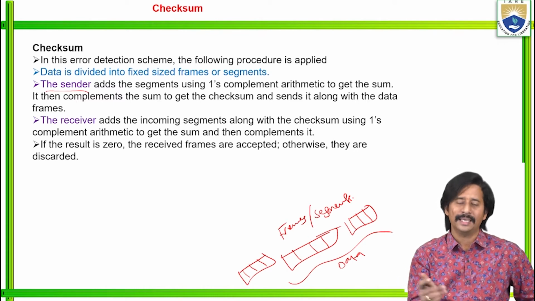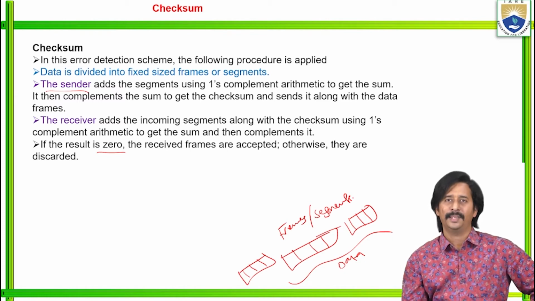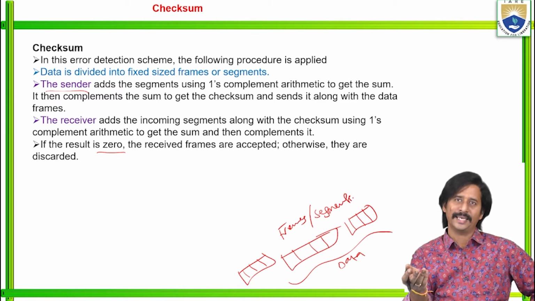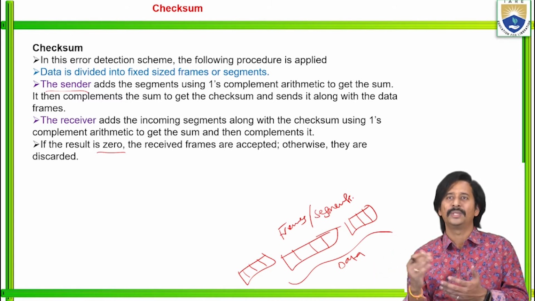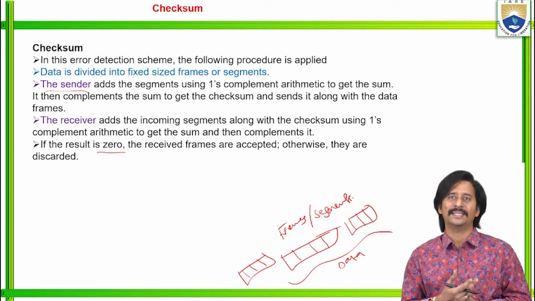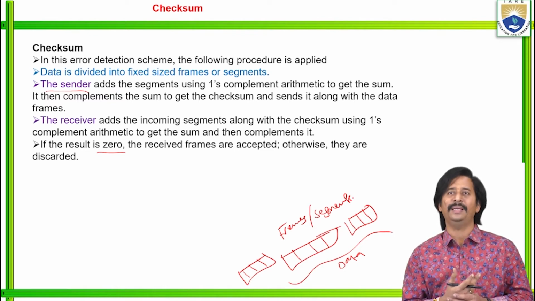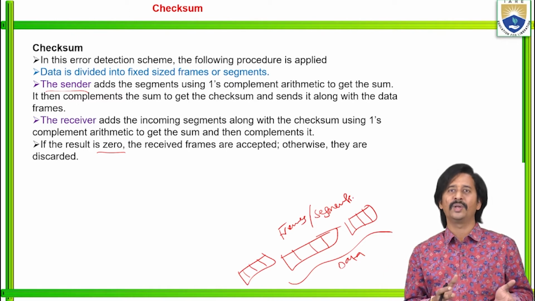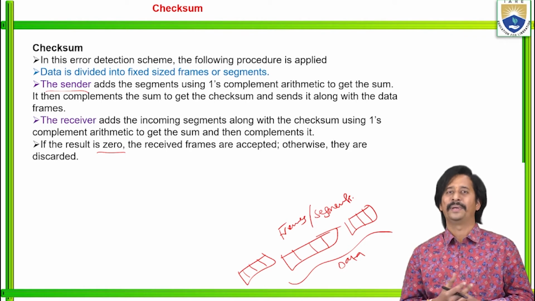If the result is 0, then the received frames are accepted, because at the sender side the segments were added using 1's complement arithmetic. If the result is 0, the received frames are acceptable. Otherwise, they are discarded because some of the frames may be damaged.